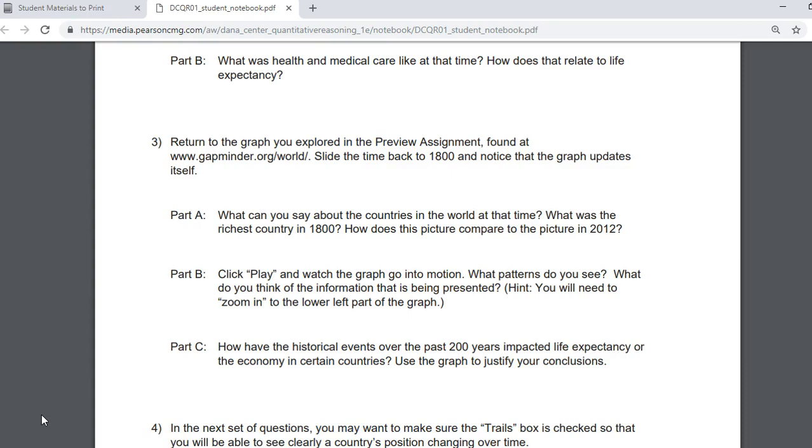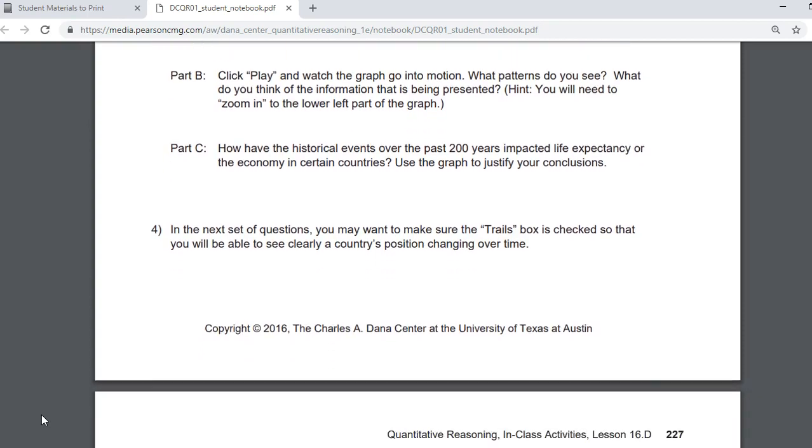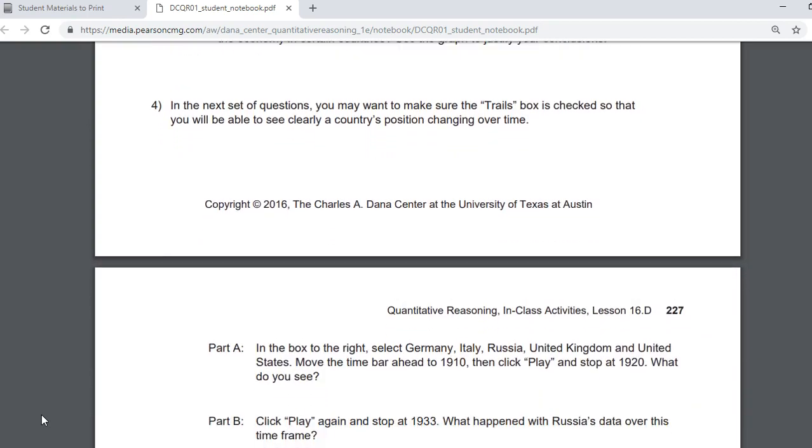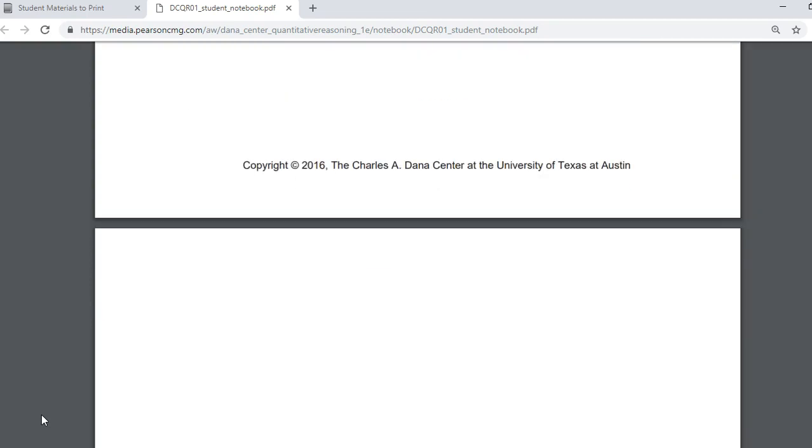Can you talk about what the size of the dot means? Can you talk about the color of the dot? And the test won't be in color, so you can probably guess that can't be on there. But lots of good information, lots of historical pieces, and what were some of the big things that we talked about in class and on the video.